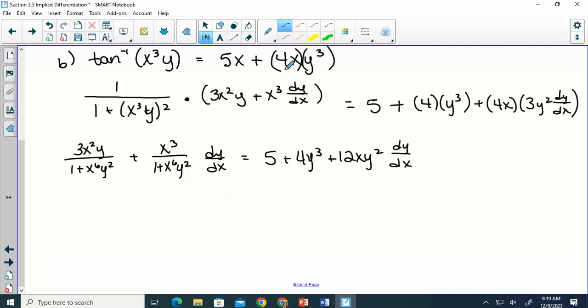Would it bother you guys if I put these on the same side and factor out my dy dx at the same time? So if I take out the dy dx, this minus the 12xy squared.